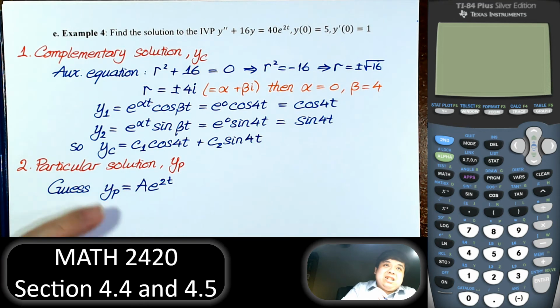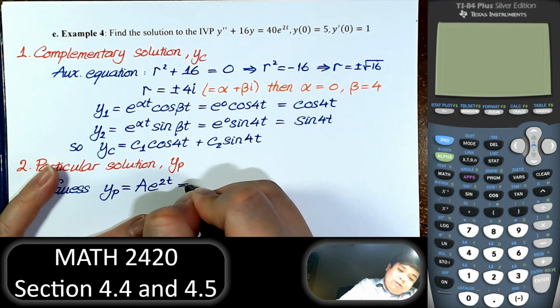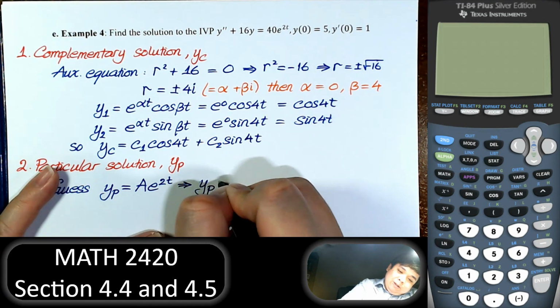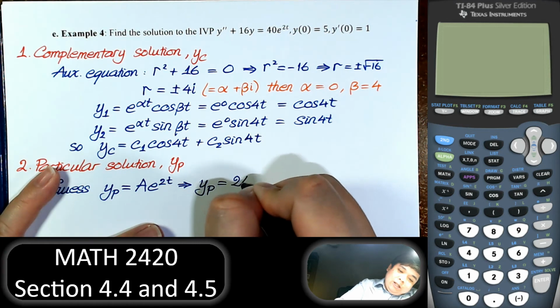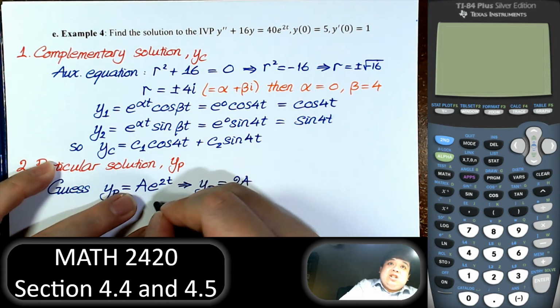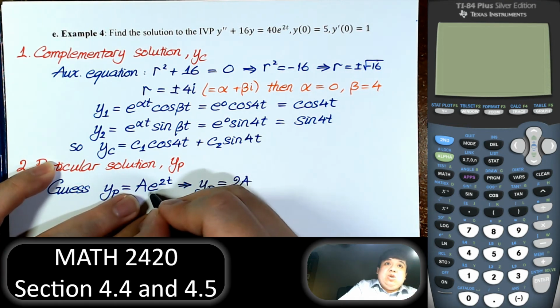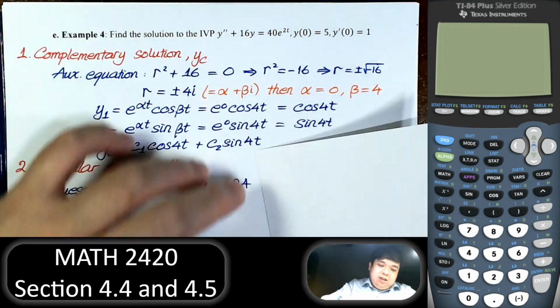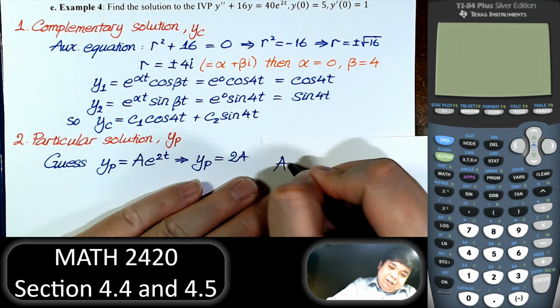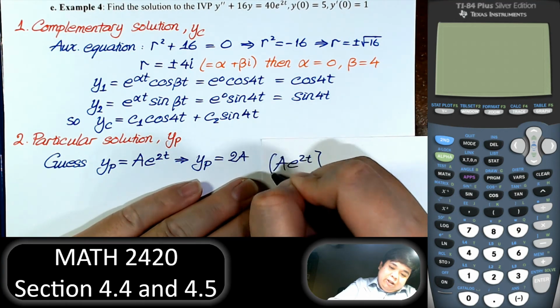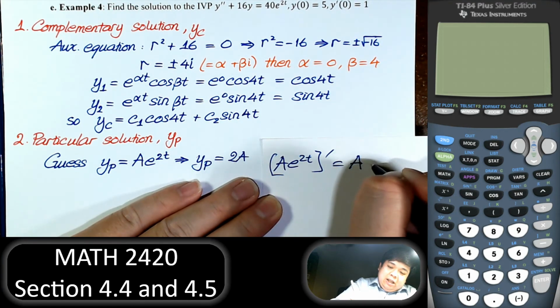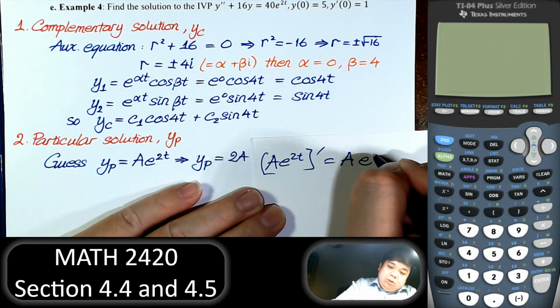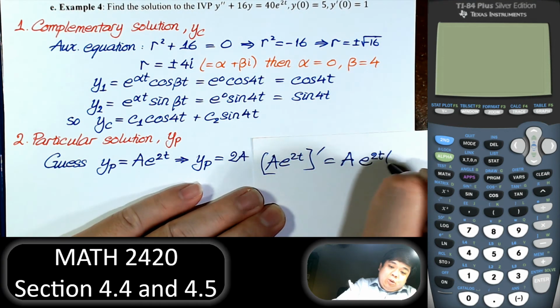So that's just that. Then we'll take the derivative. It's going to be 2a. Don't forget that is the chain rule. The derivative of e to the 2t is the same thing, but then we have to take the derivative of the 2t, which is 2.